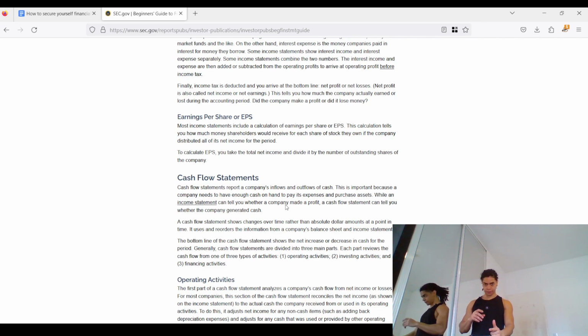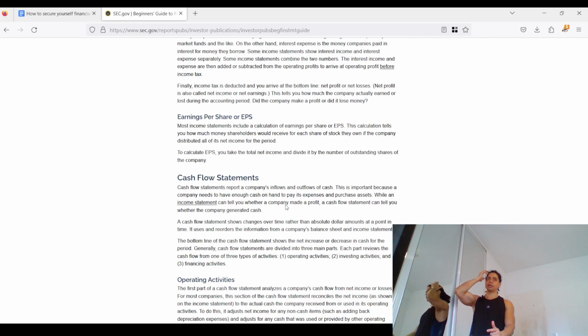Also, Alphabet, the Google parent company, which invests primarily in technology companies through its venture capital arm called Google Ventures.